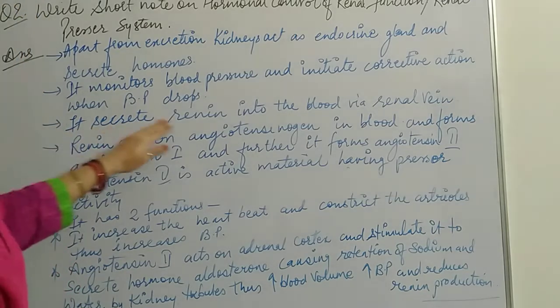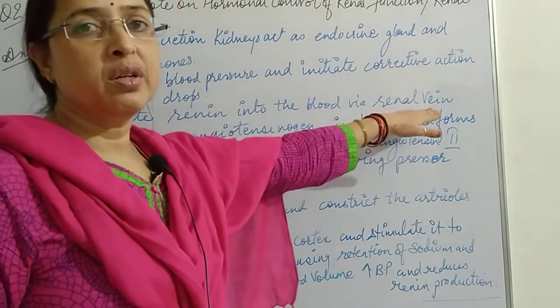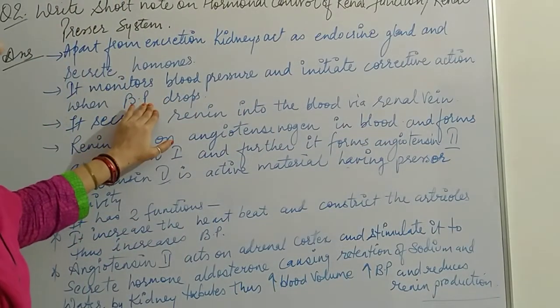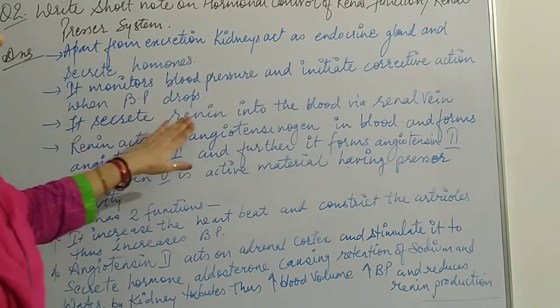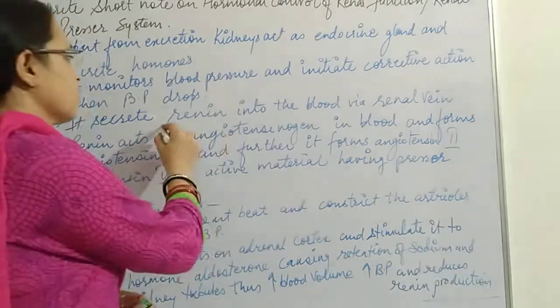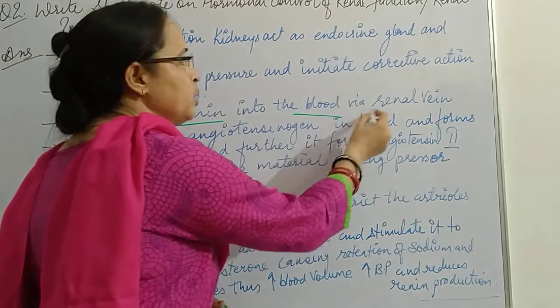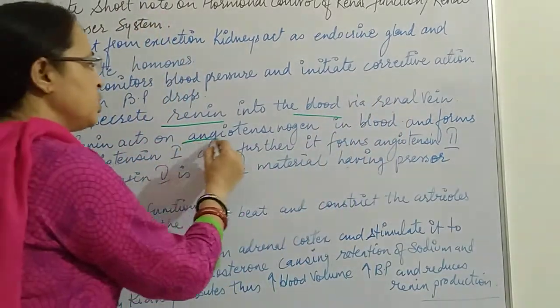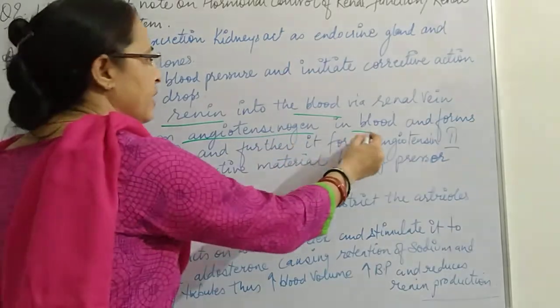Then it secretes renin into the blood via the renal vein. That means when the blood pressure drops or lowers down, the kidneys secrete renin into the blood through the renal vein. Now this renin acts on angiotensinogen in the blood.